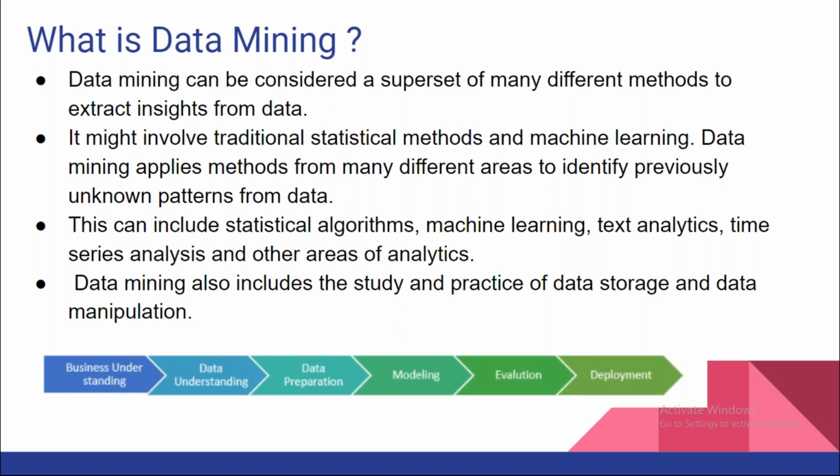And what data mining basically does is apply methods from many different areas to identify previously unknown patterns from the data. As I said before, in machine learning we look at the previous patterns, try to recognize them, and then make predictions for the future. So this can include statistical algorithms, machine learning, text analytics, time series analysis, and other areas of analytics, basically.